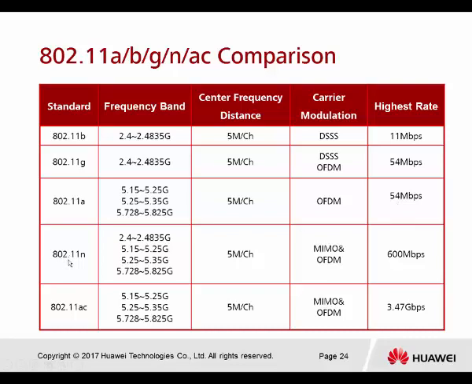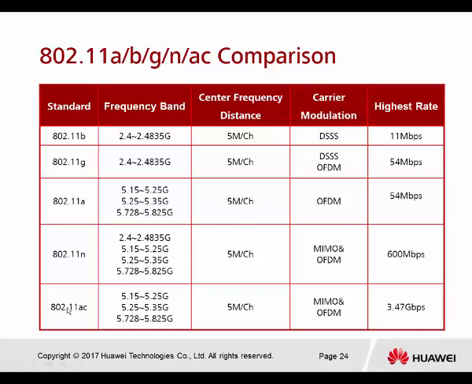For the 802.11n, they can support both the 2.4 and the 5 GHz frequency bands. Since both also use OFDM, why can 11n achieve even faster than A or G? Because they have this MU-MIMO technology. Not only that, they still have many features, and I will cover them later on.